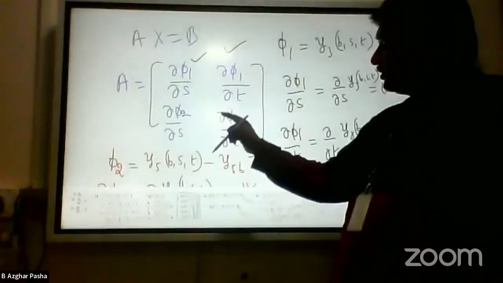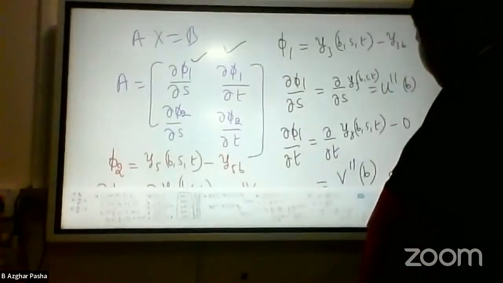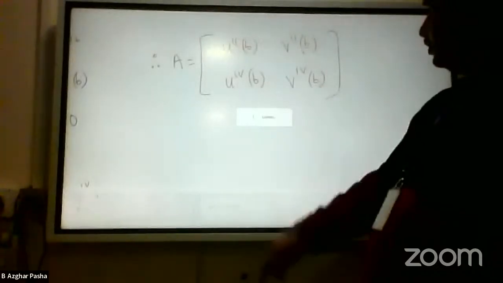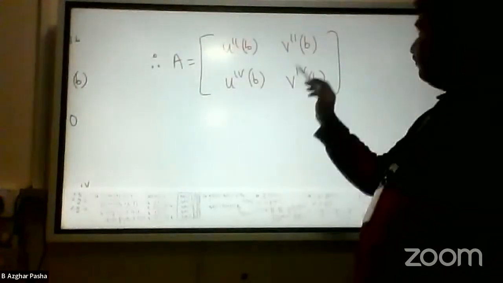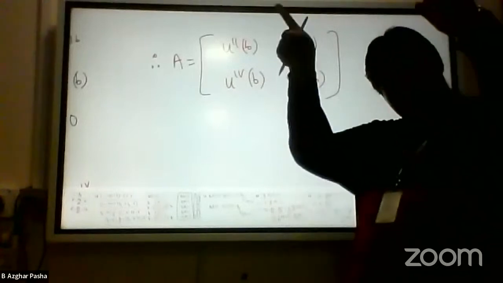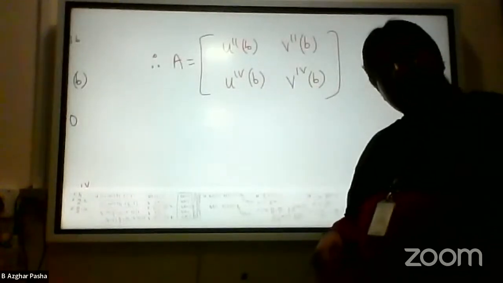We got A like this, dou phi 1 by dou s, and after simplification, u double dash of b, v double dash of b. For u double dash in that program, it is in terms of y.